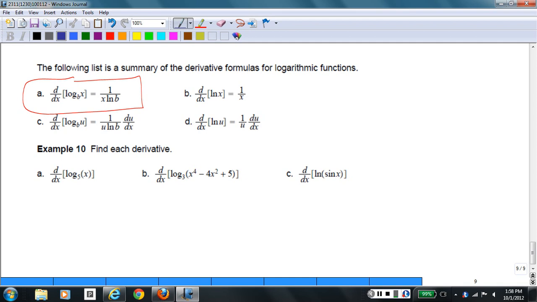You just have to have a factor of natural log of 5 in the denominator. So this is 1 over x natural log of 5. There we go. 1 over x times the natural log of 5. That is the final answer for the A part, just to get us warmed up.